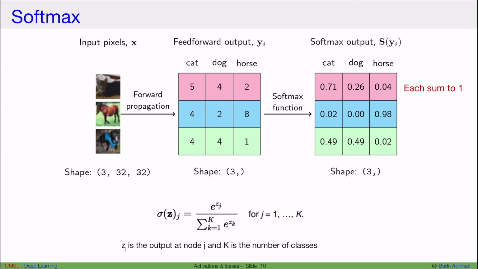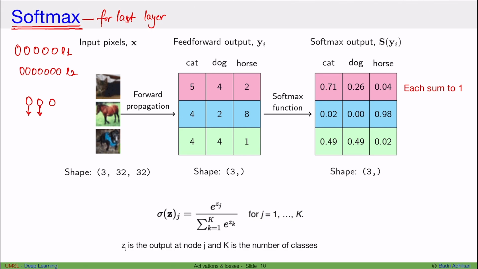Now for multi-class classification problems, the activation of choice for the last layer is the softmax activation. So imagine a neural network that takes a lot of inputs in layer 1, and in layer 2 it also has a bunch of neurons, and finally it has 3 neurons in the last layer where the outputs of each of these neurons indicate the probability.